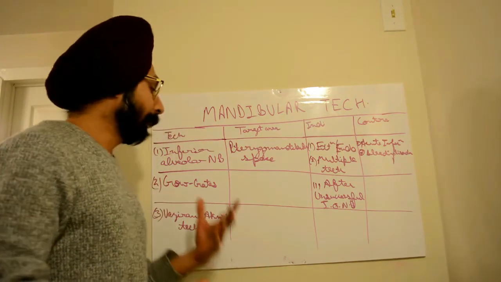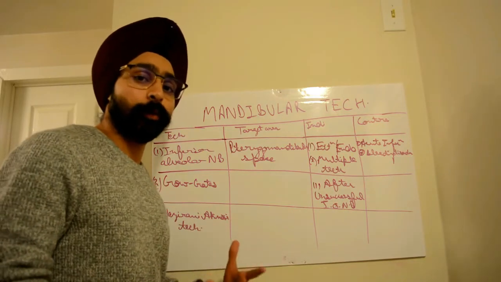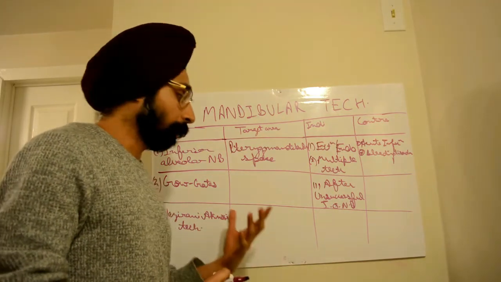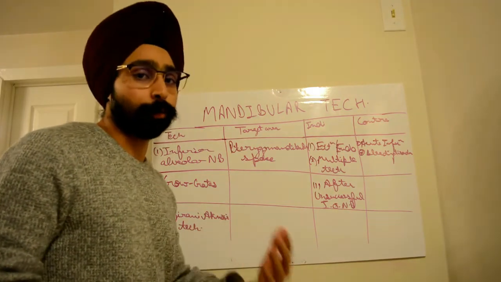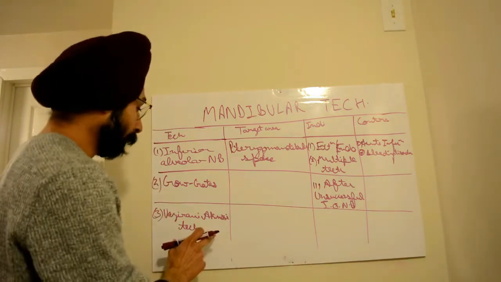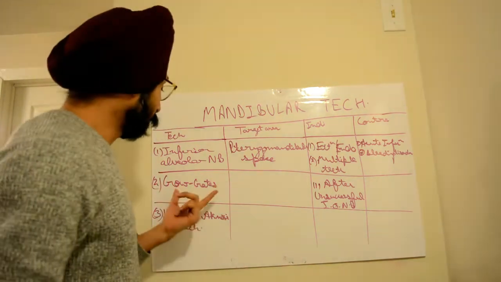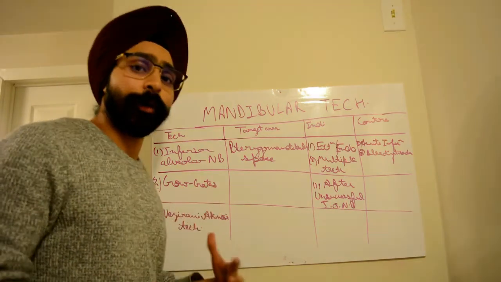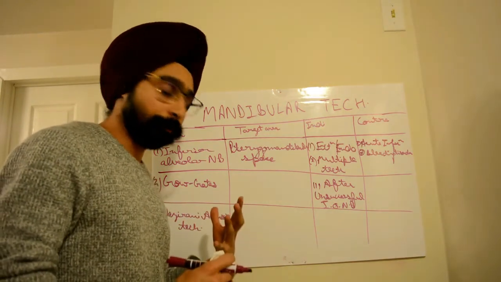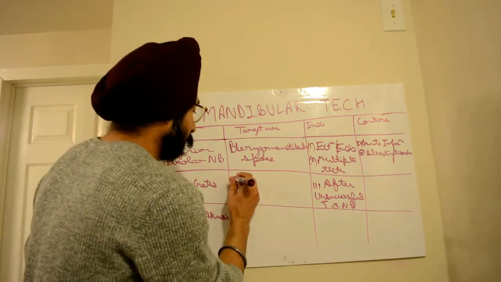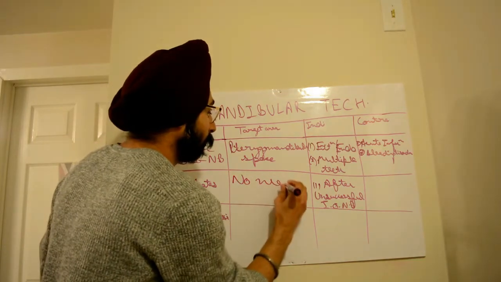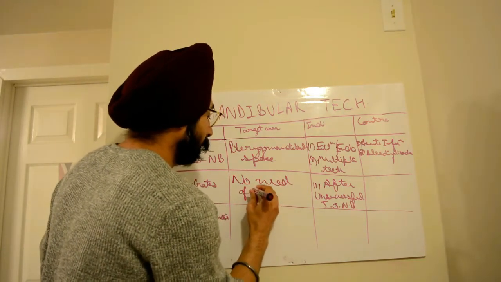That is, it also anesthetizes the mucobuccal periosteum from first molar to third molar. So basically, when you give Gow-Gates technique, you don't need to give long buccal nerve block.